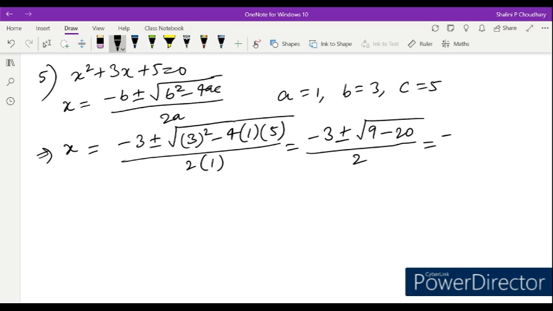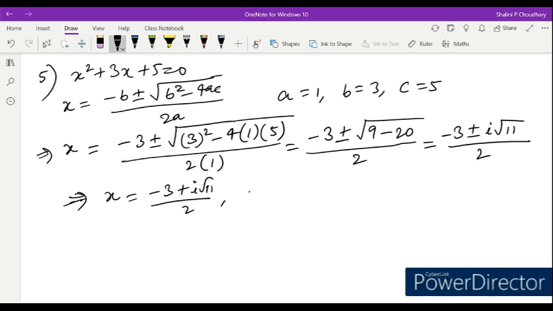Okay, so this will be minus 3 plus minus square root of minus 11, so it will be i square root of 11 divided by 2. So x के two roots क्या होंगे, minus 3 plus i root 11 divided by 2 and minus 3 minus i root 11 divided by 2.